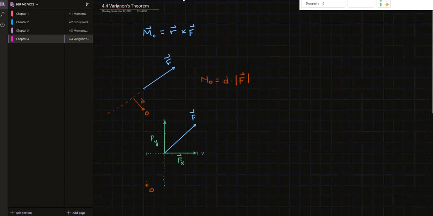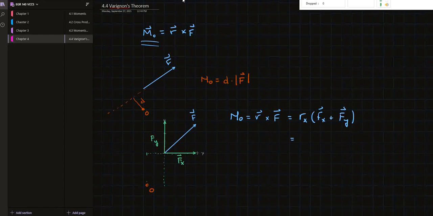In other words, taking our moment equation again, moment equals r cross F, but we can break F down into the Fx component and the Fy component.